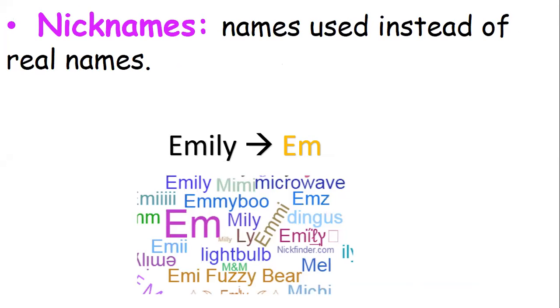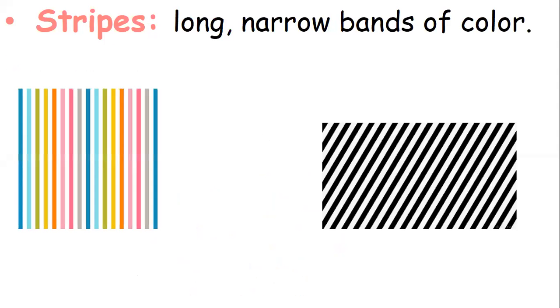Nicknames. What's the meaning of nicknames? Names used instead of the real names. For example, we have Emily. The real name is Emily, and the nickname is Aim. Stripes.